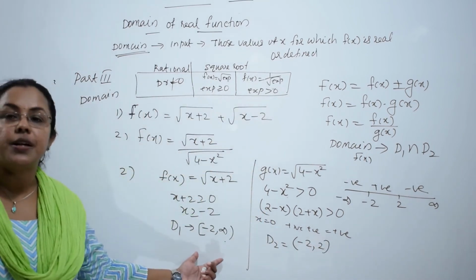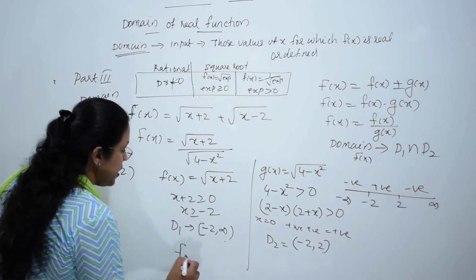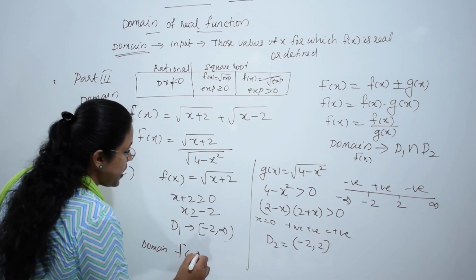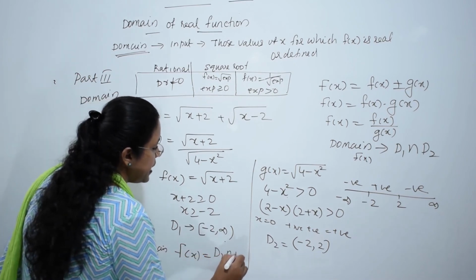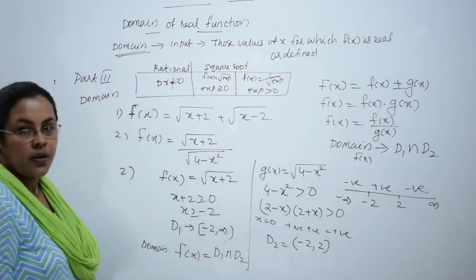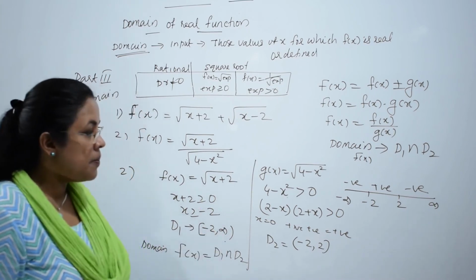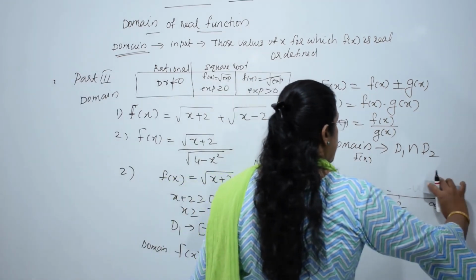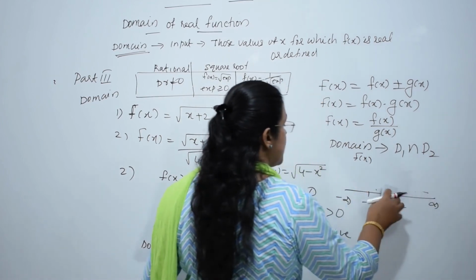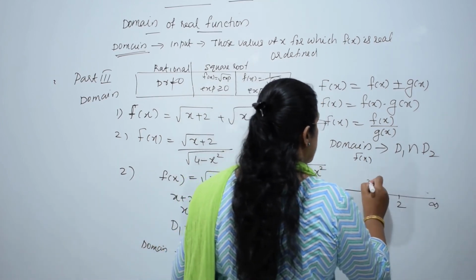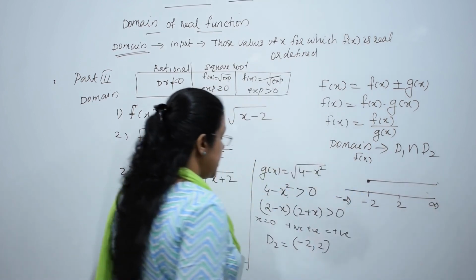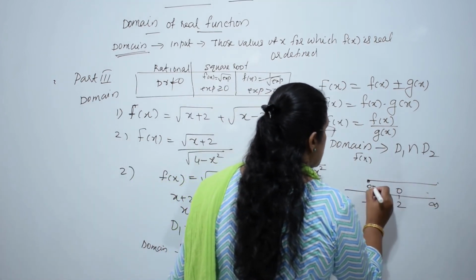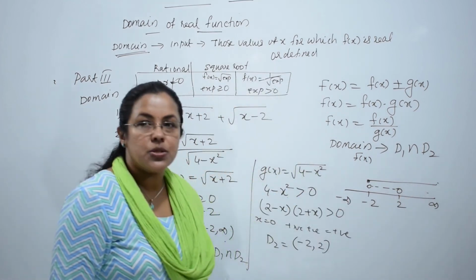Now we have to find the intersection for the domain of F(x). The domain of F(x) is d1 intersection d2. d1 is −2 to infinity, and d2 is −2 to plus 2.